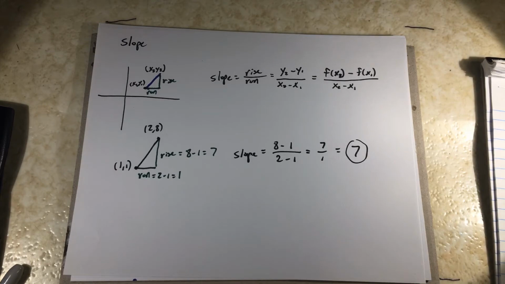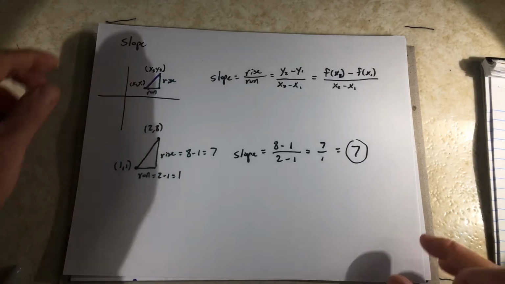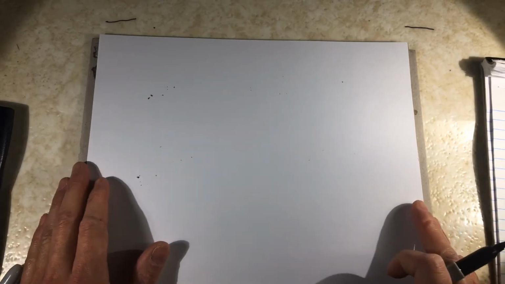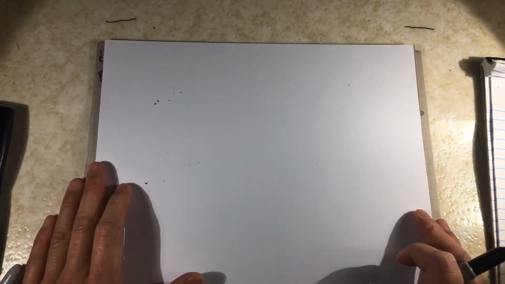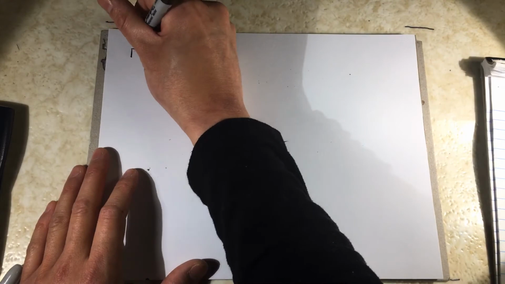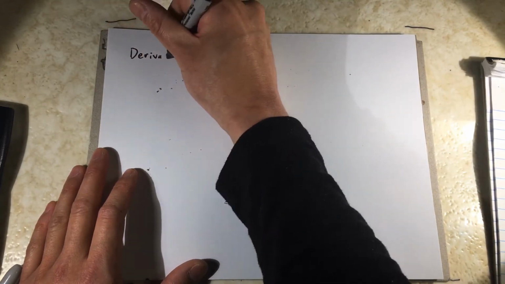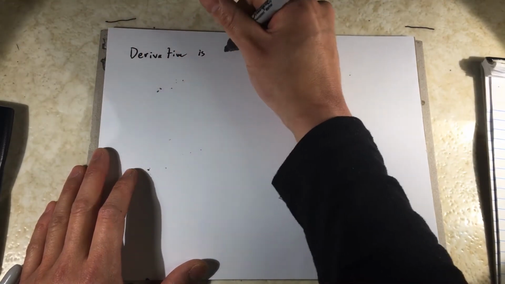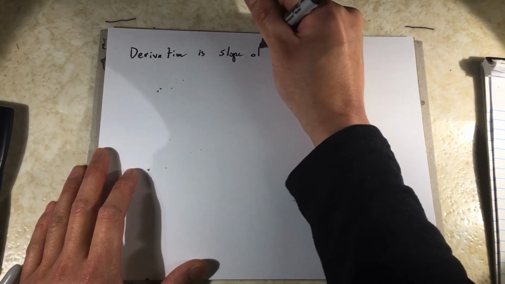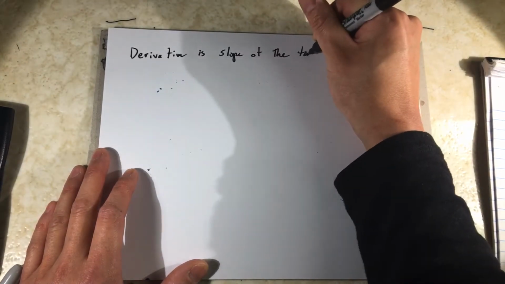All right, so that's the slope. So the derivative is basically finding the slope of the tangent. So the derivative is the slope of the tangent line.